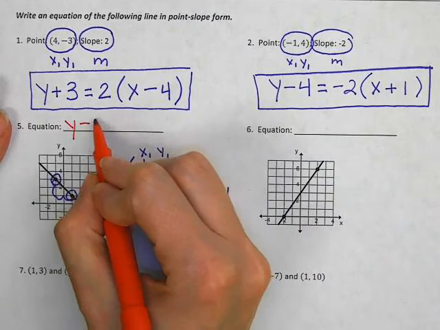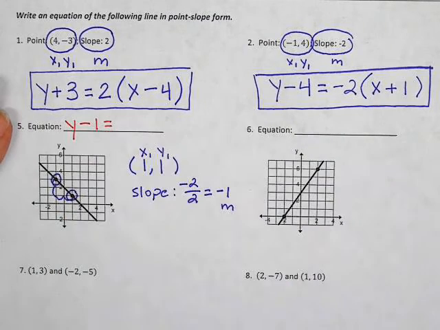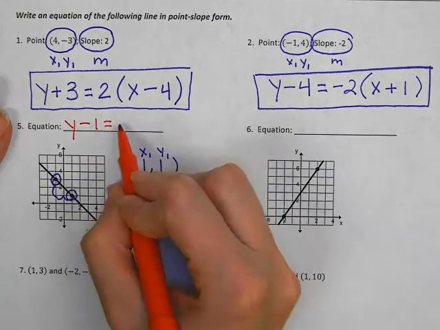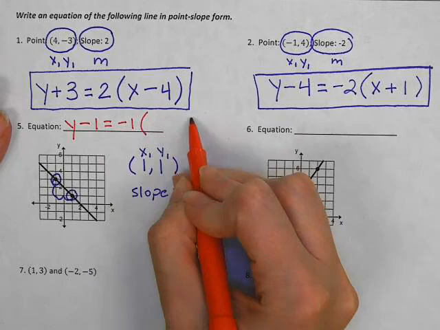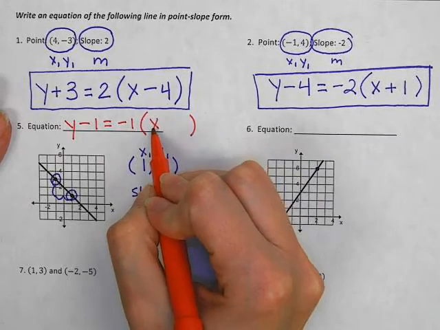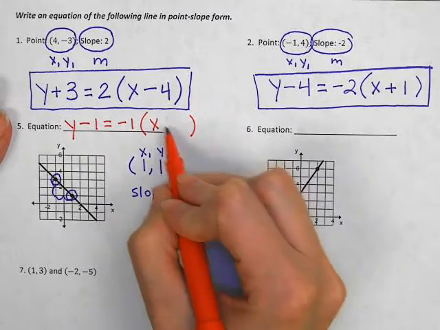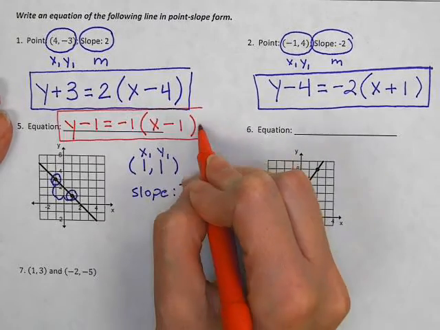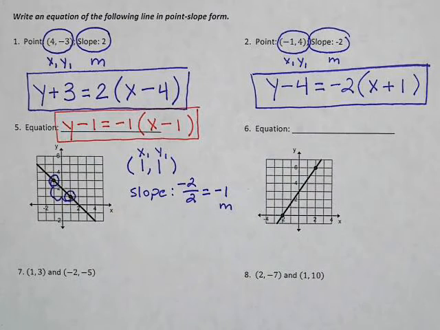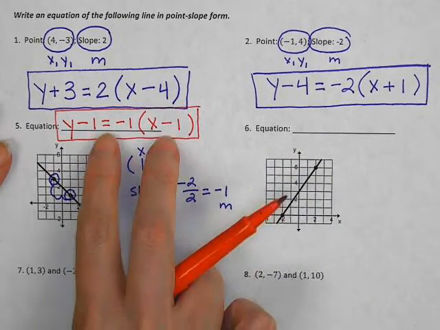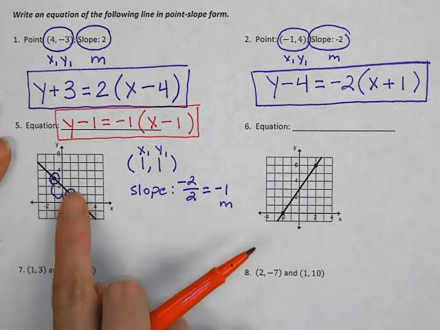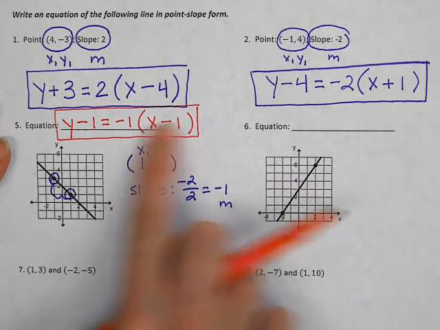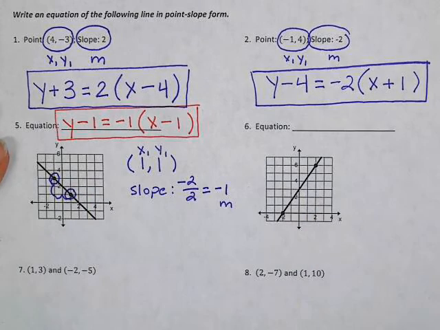So y minus 1 equals m, slope is -1, parentheses, x minus x1, so minus 1. And you leave your answer like that. Now, there are 2 different versions of the right answer. If you chose this point, you're going to have a different answer. It's still right.